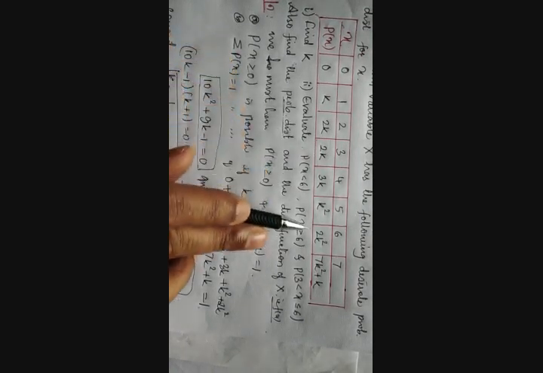In k substitute 0.1, then this table becomes 0, 0.1, 0.2, 0.2, 0.3, 0.01.